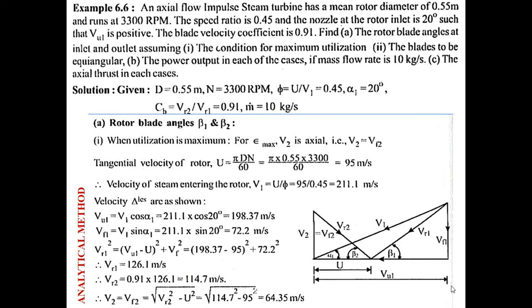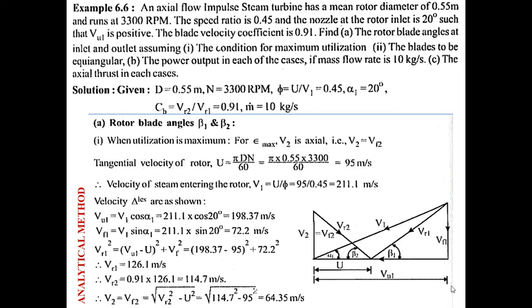Next sentence, the blade velocity coefficient CB, or friction factor, is 0.91, also given, or you can say VR2 by VR1 is given as 0.91. Next is the question. Find rotor blade angles at inlet and outlet assuming the conditions.